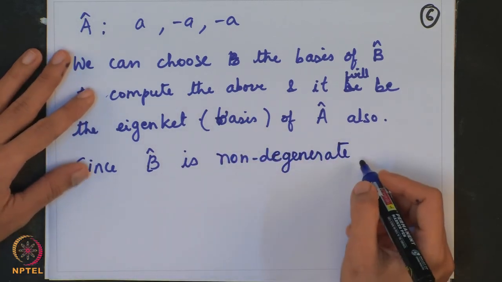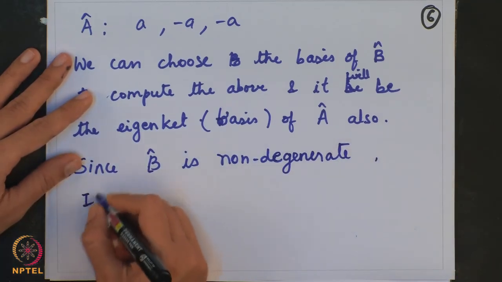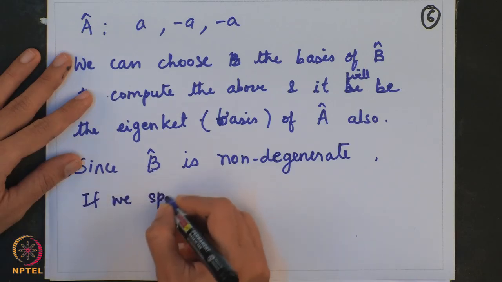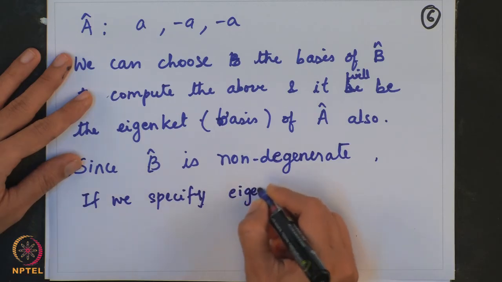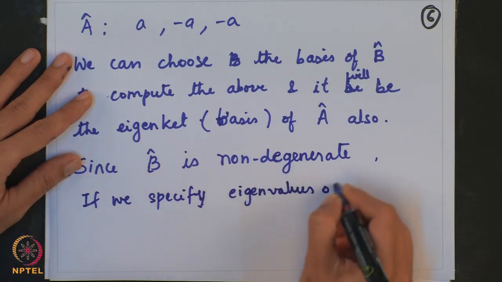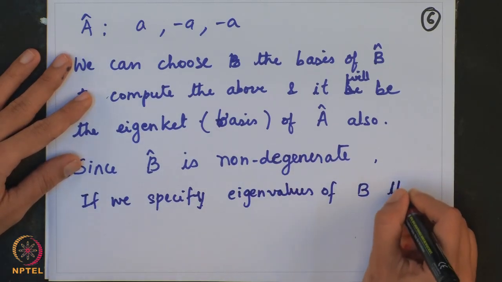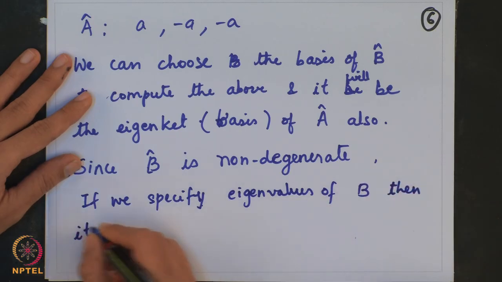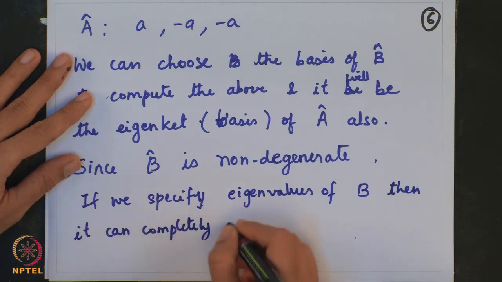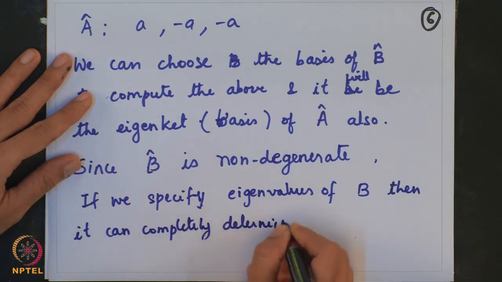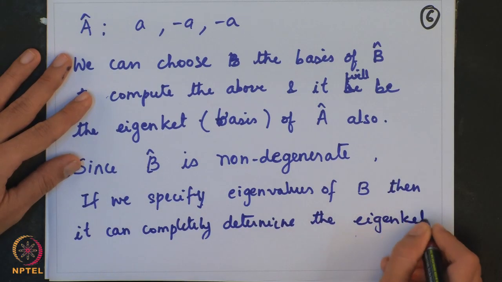Since B is non-degenerate, it has 3 eigenvalues B, iB and minus iB. So, it has different eigenvalues, and if we specify the eigenvalues of B, then it can completely determine the eigenket.